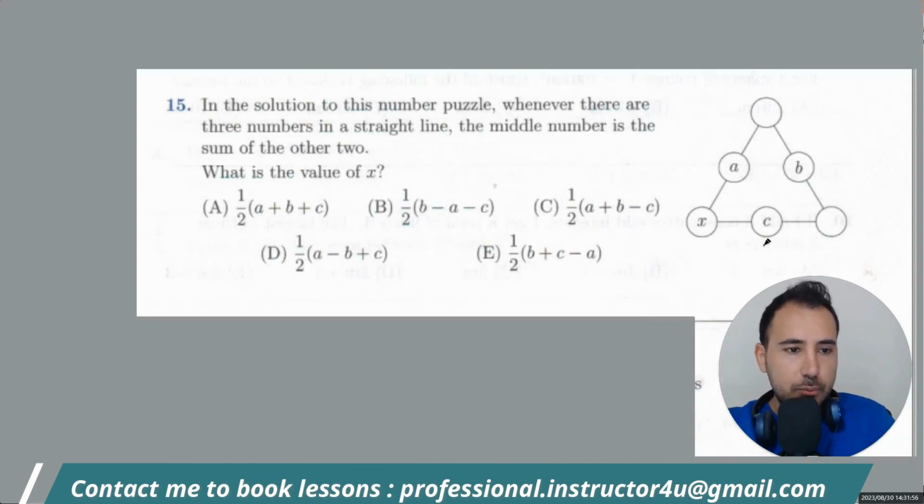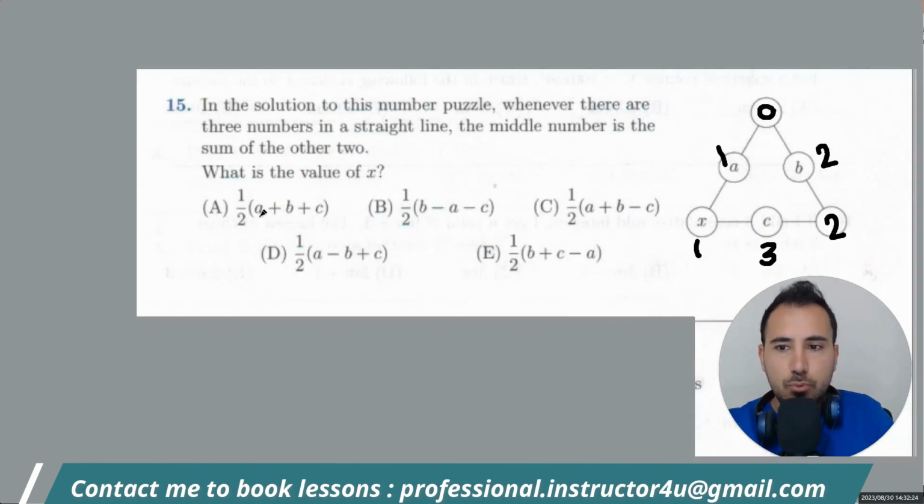So I will assume C is 3, X is 1, then this one will have to be 2. I would guess this one's 0, so B becomes 2. A will be the sum of 0 and 1. So whichever is the right answer, we'll have to work with these numbers too.